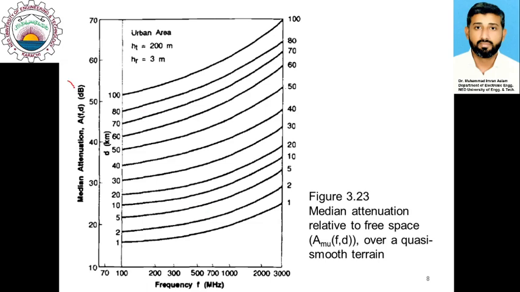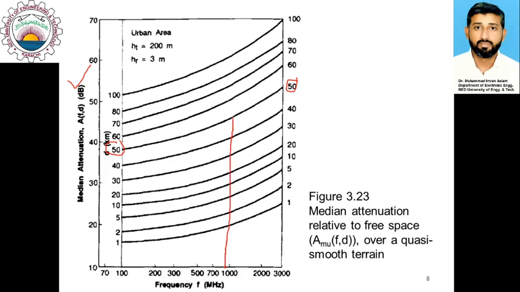This is the median attenuation curve as developed by Okumura. In this curve, you have to identify the 900 megahertz frequency. The horizontal axis is representing the frequency, and the 900 megahertz frequency would be somewhere here, of course below 1000. Similarly, the 50 kilometer distance is this value, so this curve is representing the 50 kilometer distance curve. You have to note the median attenuation from this curve.